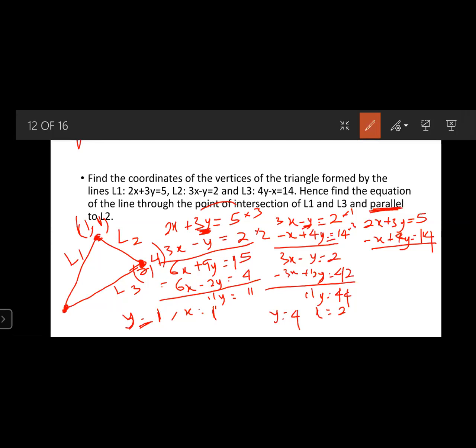I don't need to multiply equation 1, since I have minus x here, or I multiply it by just 1. Equation 2, I multiply it by 2. So I have 2x plus 3y equals 5. The second one multiplied by 2, I have minus 2x.